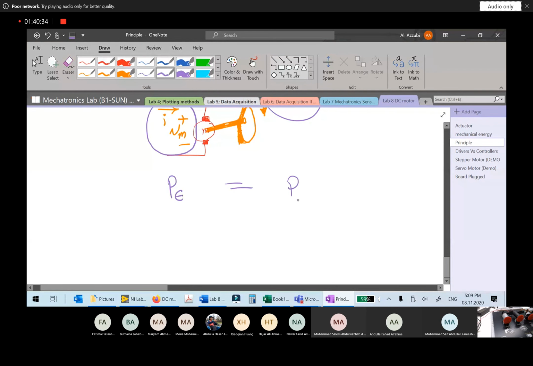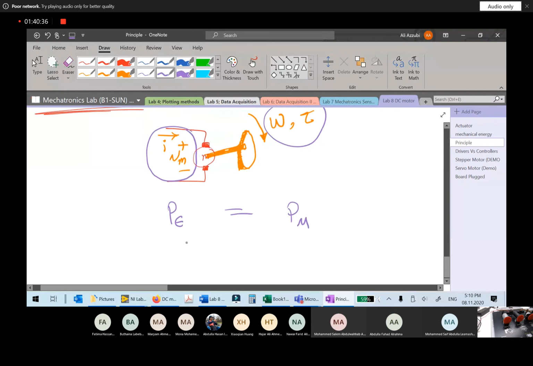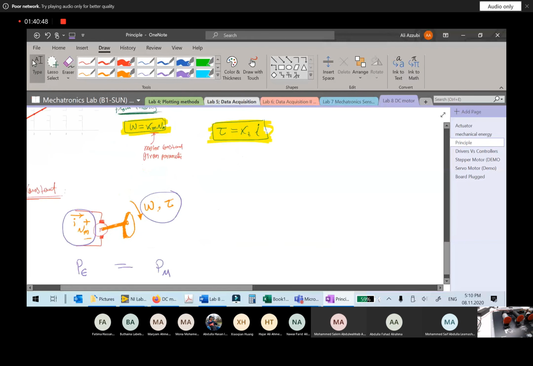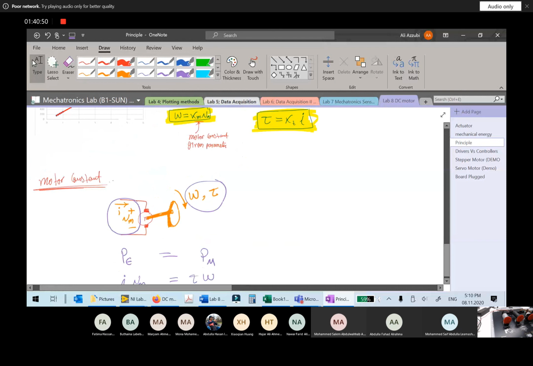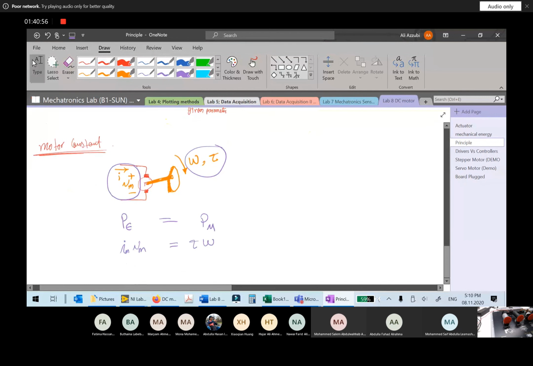So the power in electrical should be the power in mechanical. In electrical, the power is I motor times V motor, which equals torque times omega. Now I know from these relations that torque equals the motor constant times the current. The torque is just a direct scaling of the current.